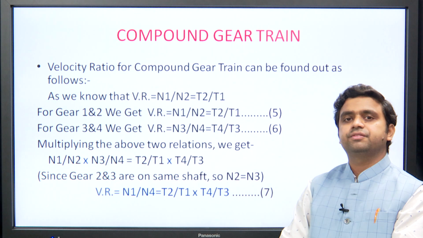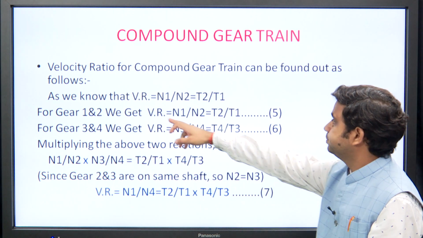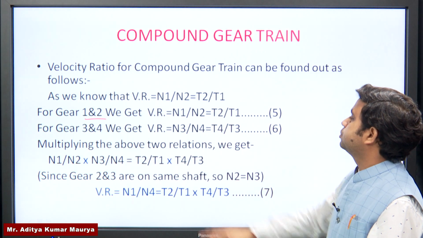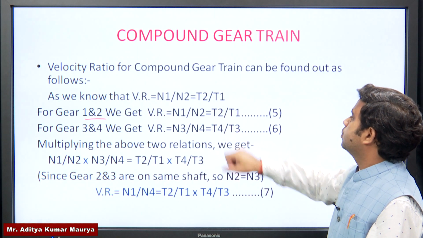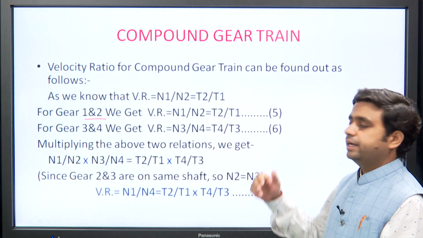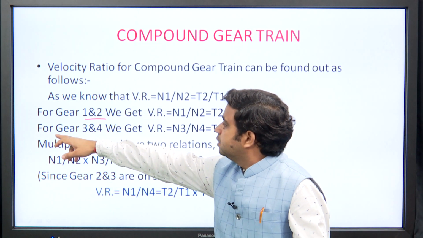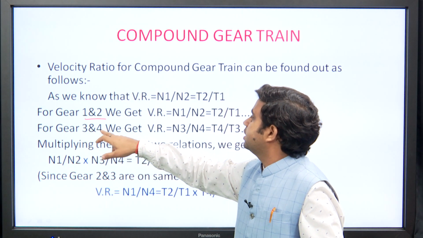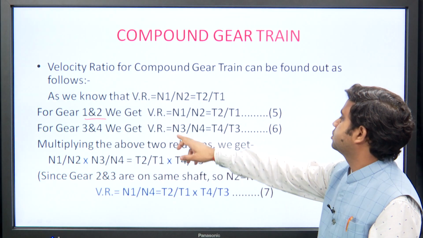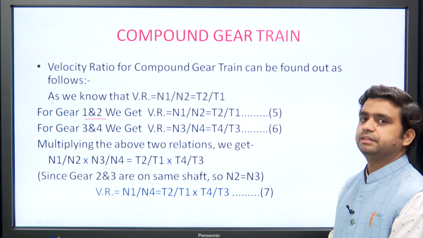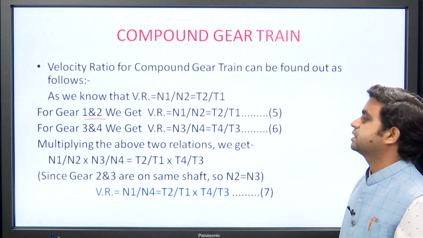For first pair of gear 1 and 2, we get velocity ratio equal to n1 by n2 is equal to t2 by t1, that is relation number 5. And for the next pair of gear, that is 3 and 4, we get velocity ratio equal to n3 by n4, that is equal to t4 by t3. This gives the relation number 6.